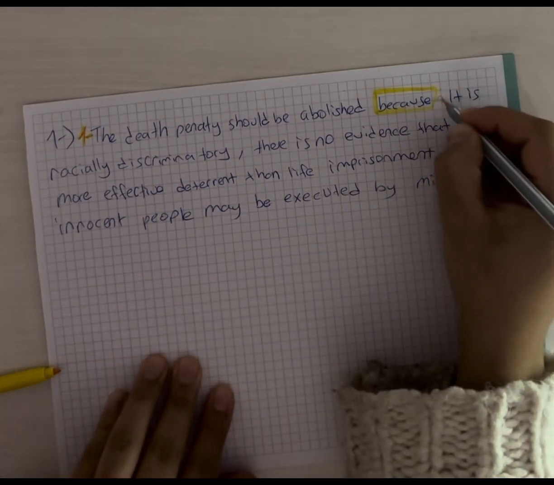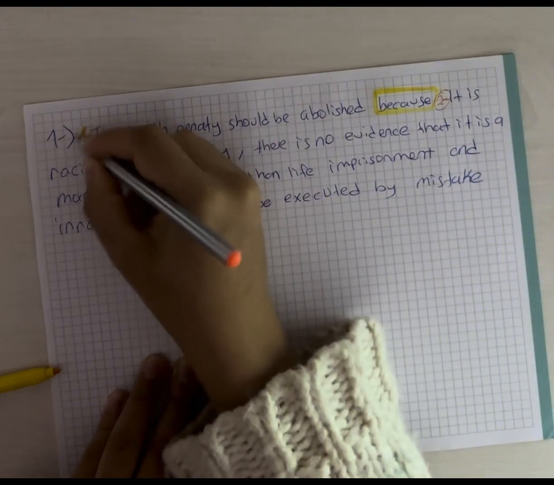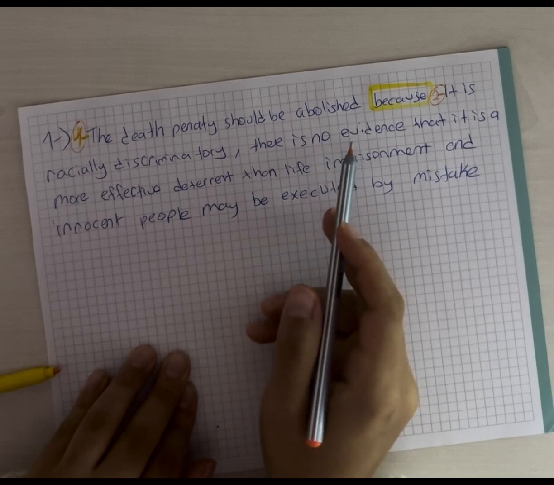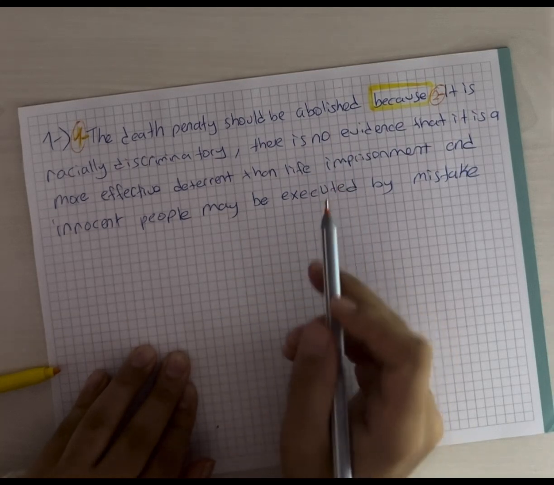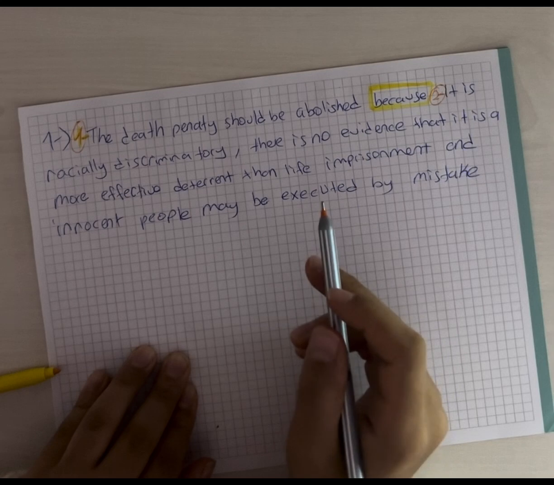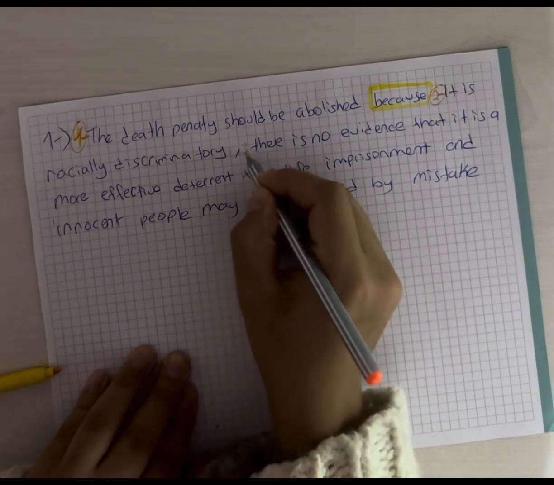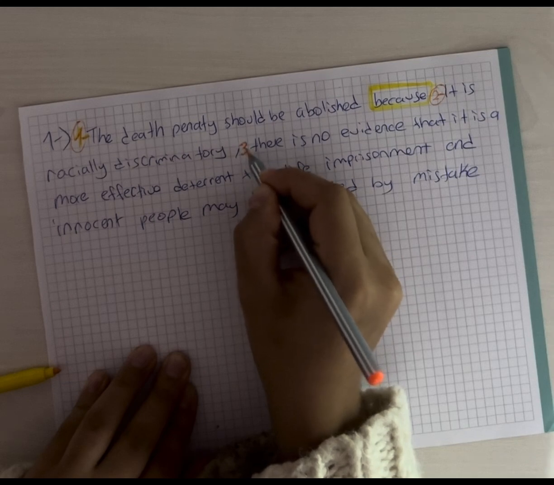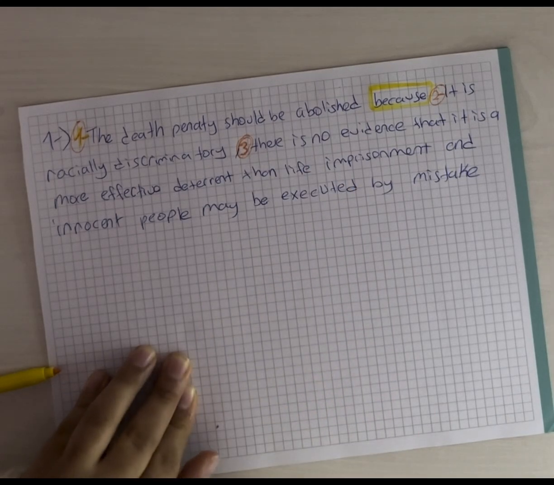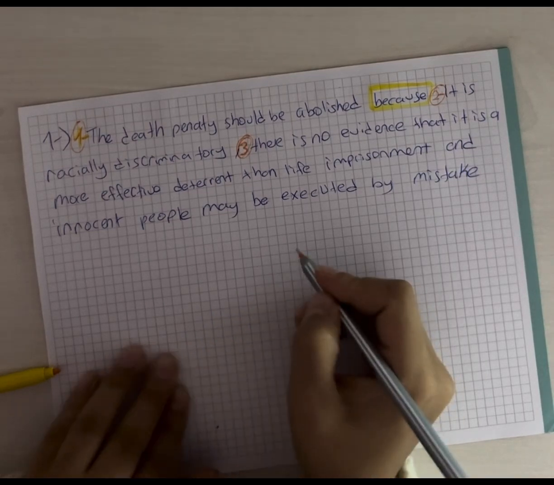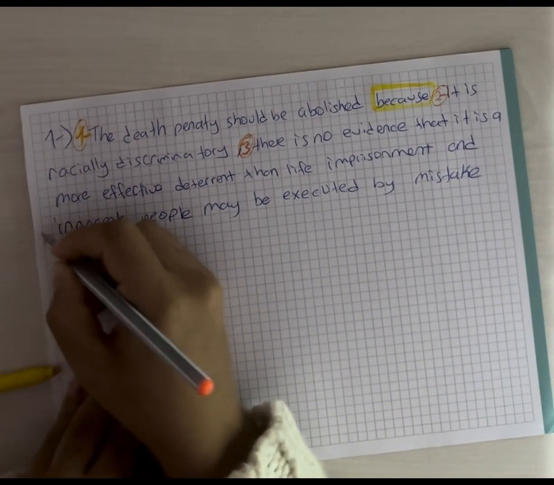This is the second argument. There is no evidence that it's a more effective deterrent than life imprisonment. Third, innocent people may be executed by mistake, and this is the last argument.